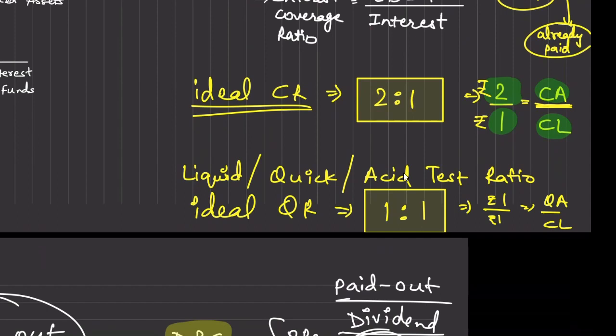Sorry, for every 1 rupee of your current liability, you should have rupees 1 of your quick asset, my friends. Is it clear? So that was your quick ratio. Let's do one example and then we will move forward.